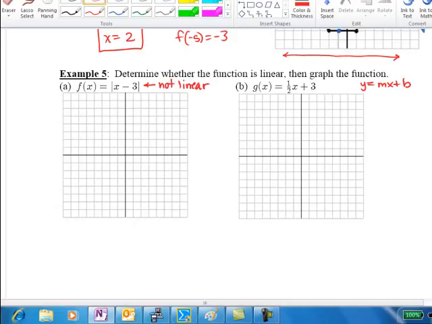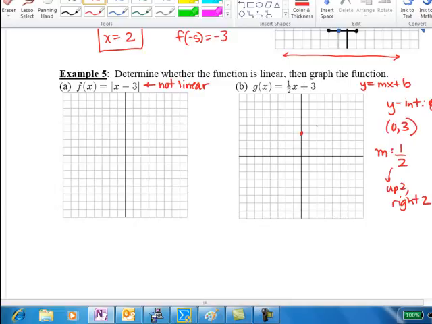Remember, we want to start with the y-intercept, which is 0, 3. So we start at that point, and then we use the slope to move from the y-intercept. In this case, the slope is 1/2, which means up 1 and right 2 from the y-intercept to get to another point.